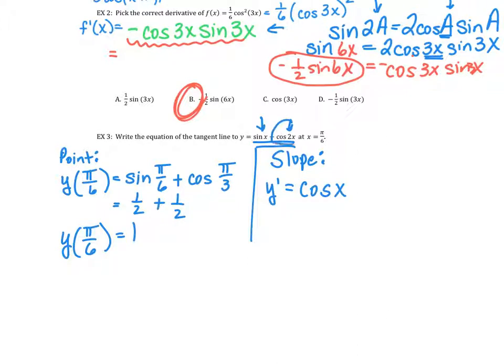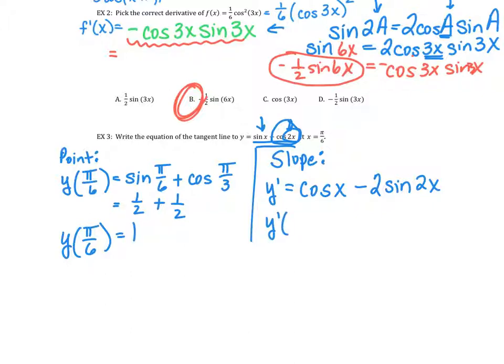But the derivative of cosine of 2x, I hope you remember the chain rule. Do not tell me it's just negative sine of 2x. It would be negative sine of 2x times what? Times 2, because it is layered. And as you get faster, you just kind of put the 2 in front because you like that.